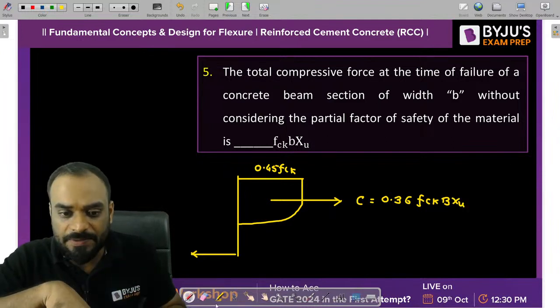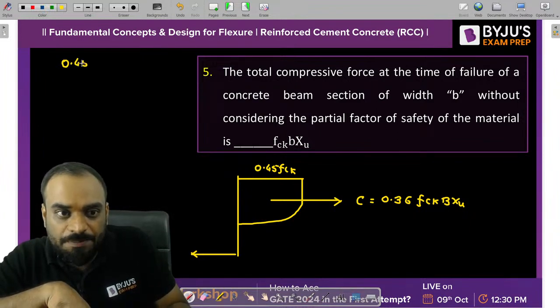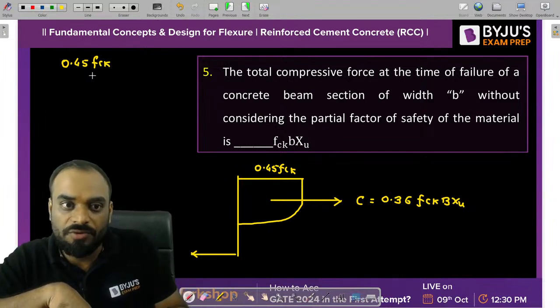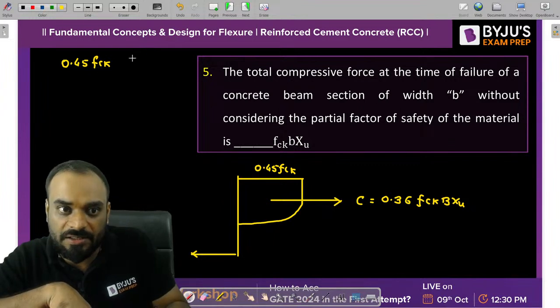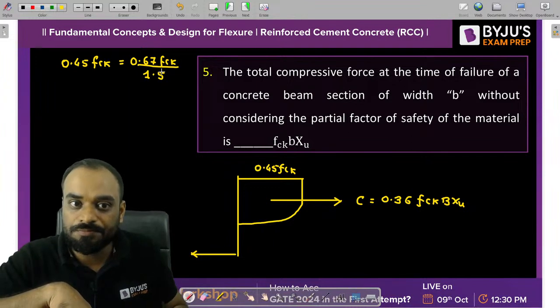But tell me, guys, while calculating this value, which is the maximum permissible stress in case of bending compression, which is 0.45 FCK, right? And how have we calculated this value? It is nothing but 0.67 FCK divided by 1.5. Yes or no?